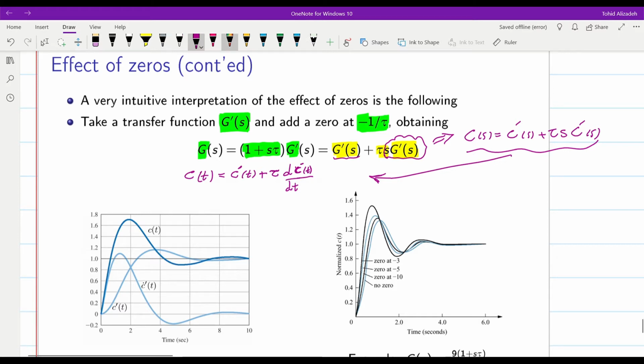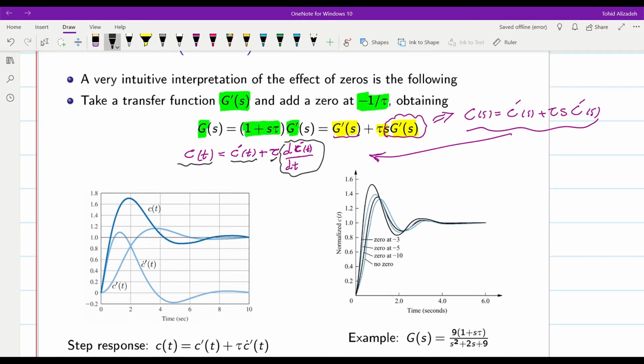And you can see that in order to obtain the step response of the new system, we need to take the original step response and then add the derivative of that original step response with a coefficient to the step response itself. And then we will get the step response for the new system. You can see an example which is drawn here. The one that I'm highlighting in yellow is the step response of the original system.